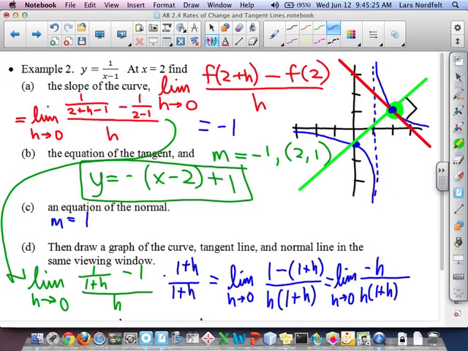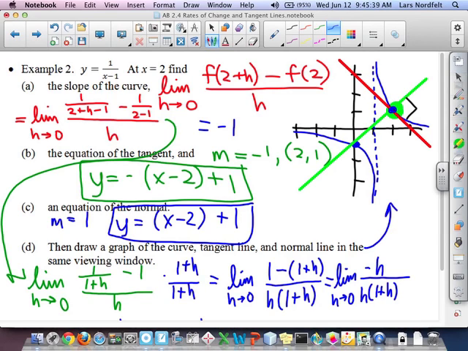So the equation of the normal line is y equals positive x minus 2 plus 1. And there's our drawing. You with me so far?